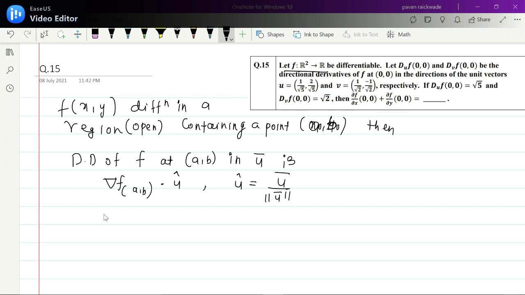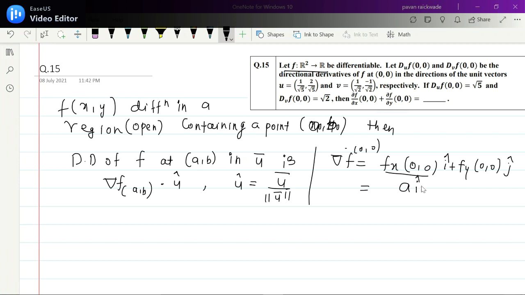Okay, what is the gradient of f? Gradient of f at (0, 0) is simply fx at (0, 0) i cap plus fy at (0, 0) j cap. I will just rename this term as a i cap plus b j cap. So the gradient of f at (0, 0) is a i cap plus b j cap.